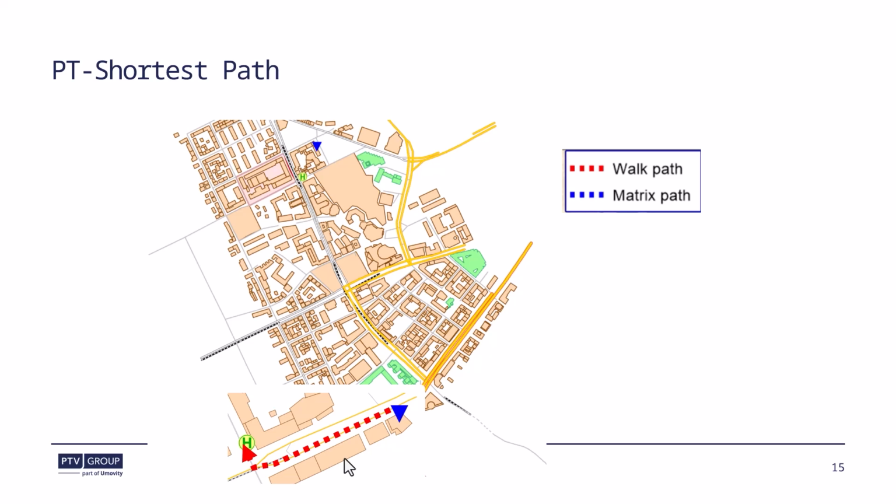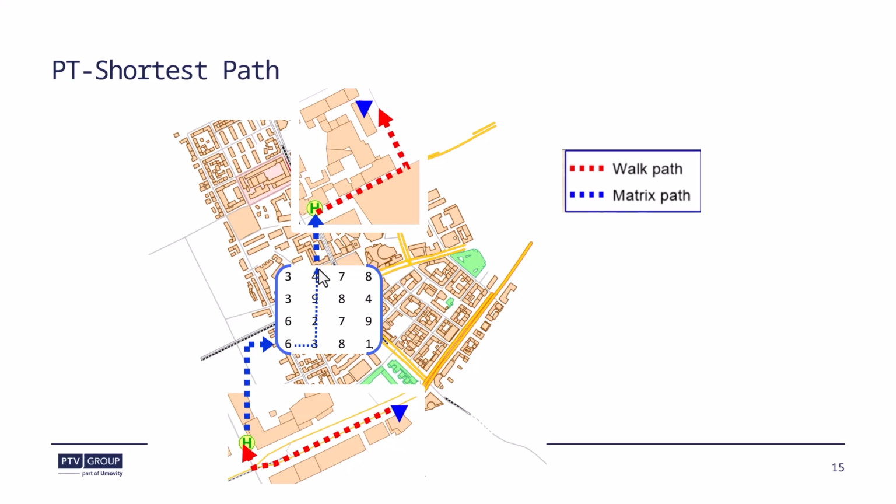And then it goes from this stop to the end stop via a matrix. So this is a stop area matrix, and we choose a certain path through this matrix, so from one stop area to another stop area. And then the last part of the trip is again in the network, in the walk network, from the stop to the final destination, to the final location.